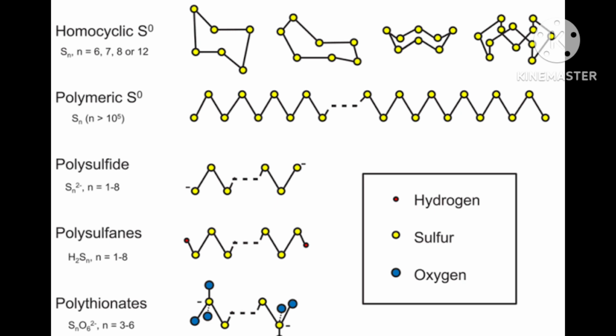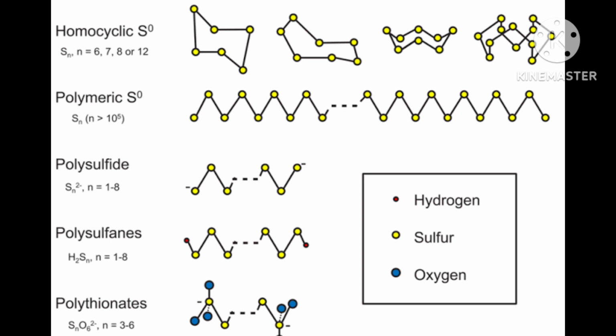The color will change. It decolorizes acidified potassium permanganate solution. This decolorization is actually a convenient test for the gas, whether the gas SO2 is there or not.